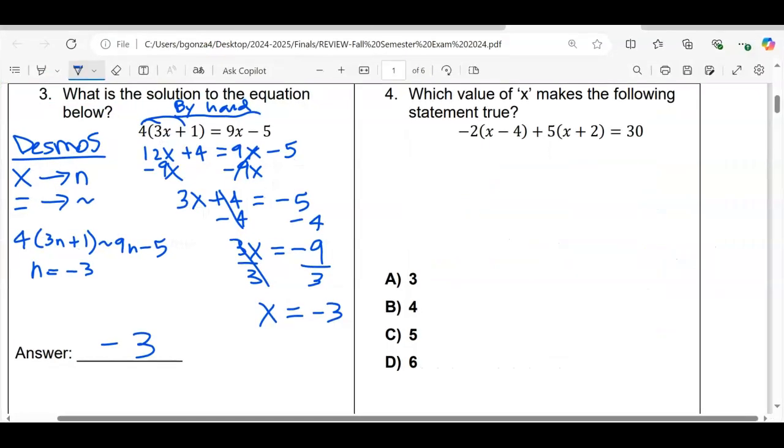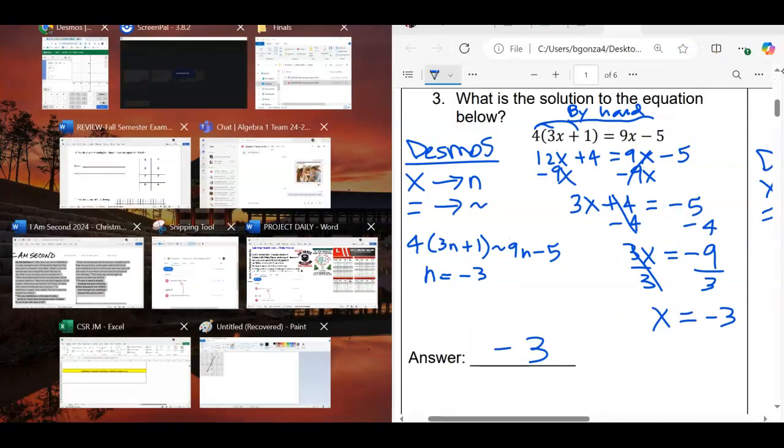Cool. All right, another one. So again, this one I'm just going to stick with Desmos. Okay, Desmos. X turns into n, equals turns into squiggle. Let's type it in over here.